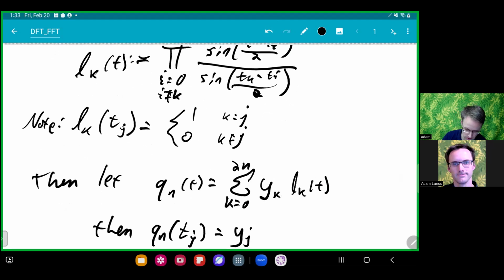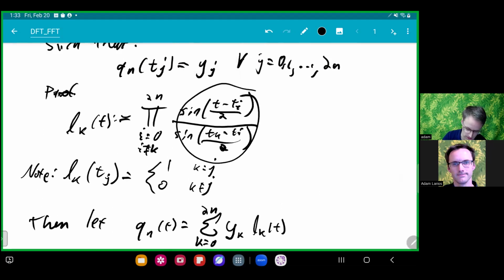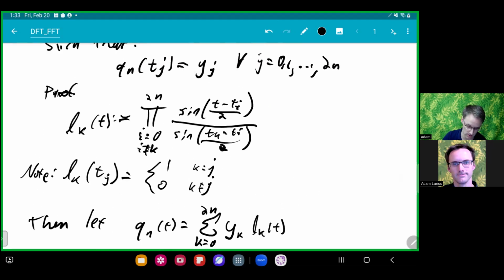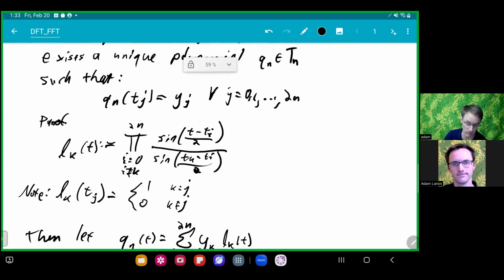One objection might be that these aren't exactly of the form of trigonometric polynomials, because they're a product. We have this 1/2 in the middle, but the claim is these Lk are actually in Tn.